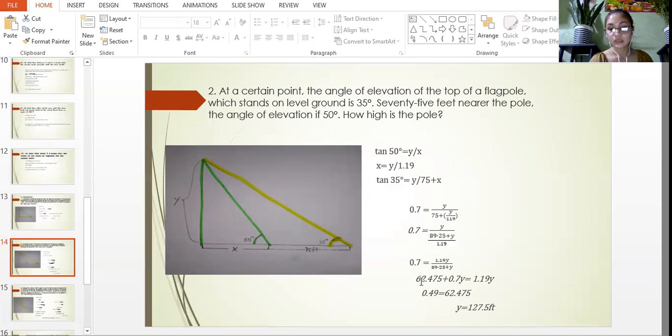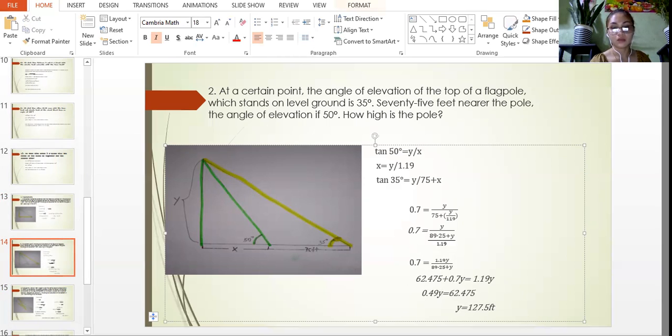So 62.475 plus 0.7y is equal to 1.19y. So 0.49y is equal to 62.475, since 1.19 minus 0.7 is 0.49. Then the value of y is equal to 127.5 feet.